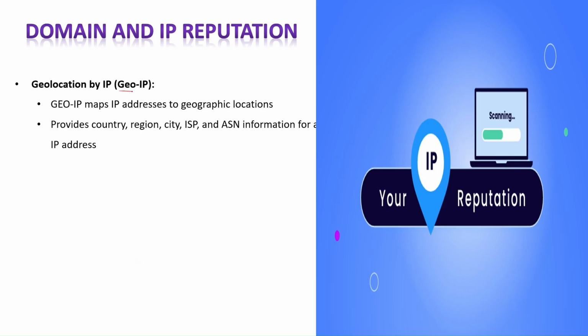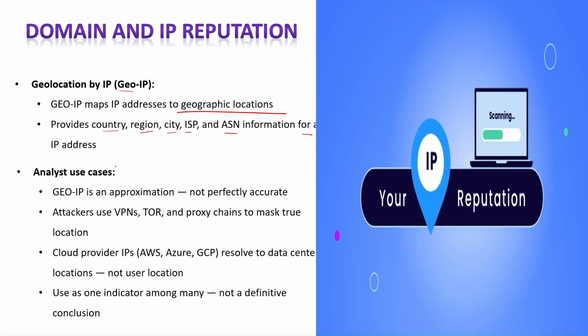Geolocation by IP, GeoIP. GeoIP maps IP addresses to geographic locations. It provides country, region, city, internet service provider, and ASN information for an IP address. Some analyst considerations: GeoIP is an approximation and not perfectly accurate.